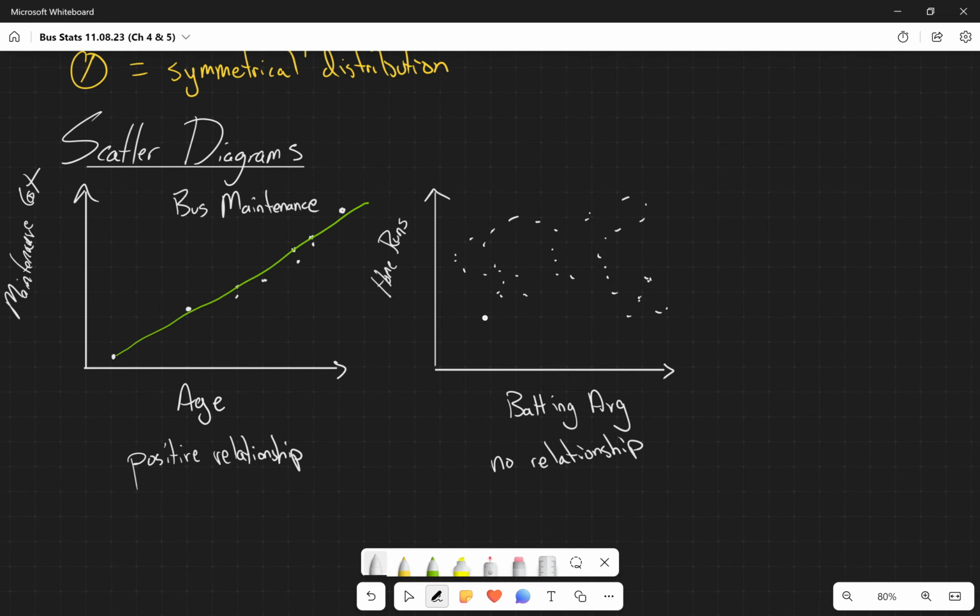The last one is, you guessed it, going to be a negative relationship. So this one is if we're looking at the housing prices and we're looking at the days on the market, right? We tend to find that if your house has been on the market longer, the price that you're able to get for it is lower.